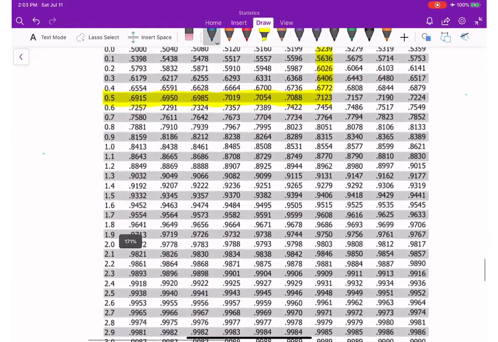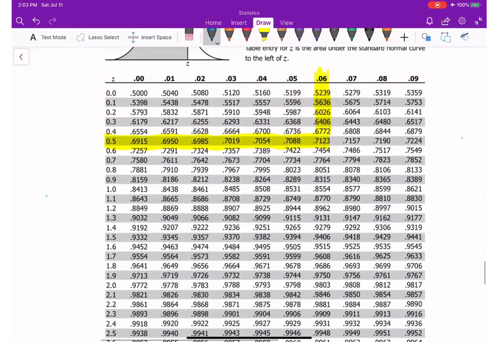So 1.3 I will find here. And going again to 6, which will come from here. 0.9131.